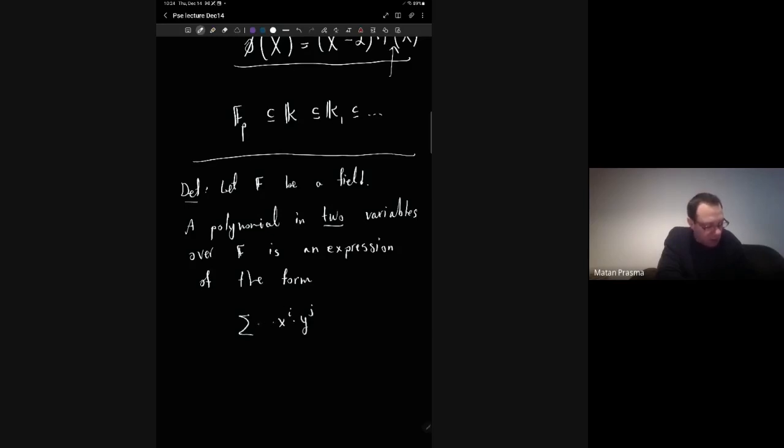So the coefficient, I will have a double index for the coefficient which corresponds to the exponent of the X and the exponent of the Y. And here i and j may run from degree 0 up to degree n for some n, where the a_ij are simply elements in the field.